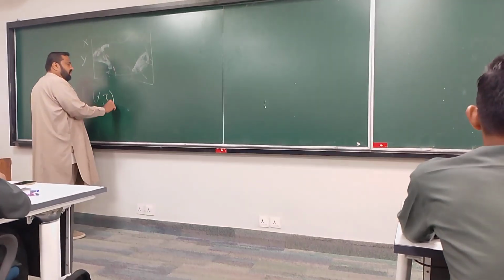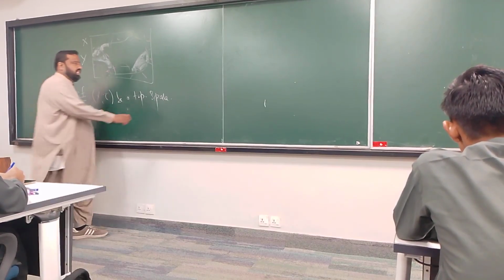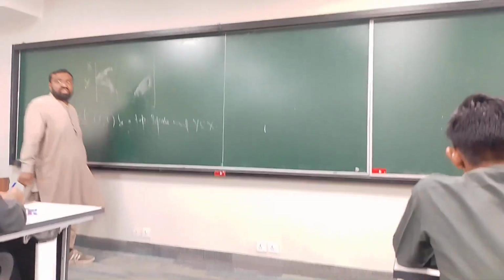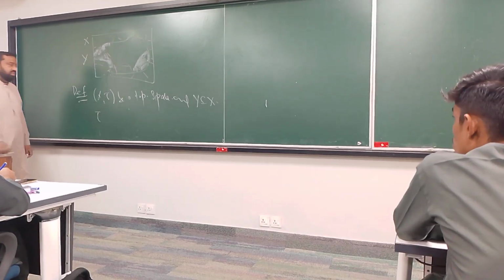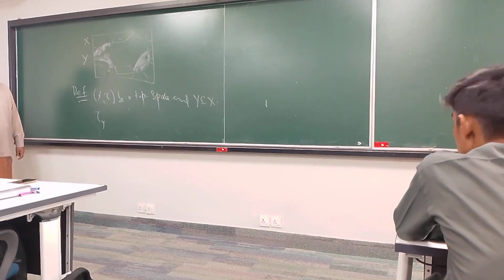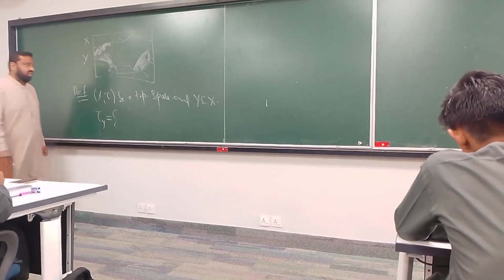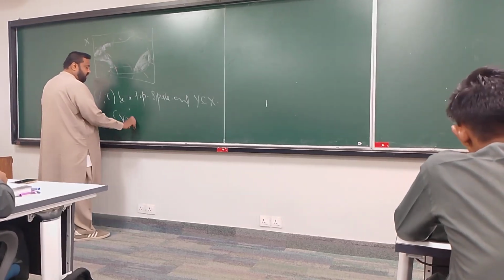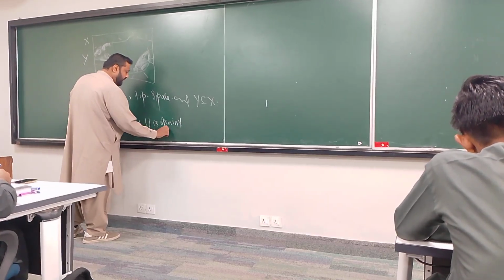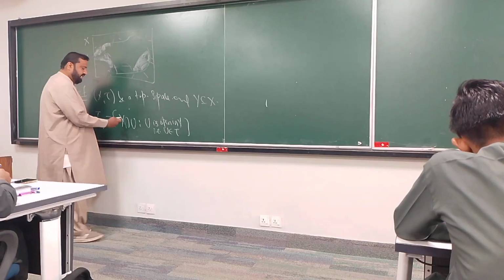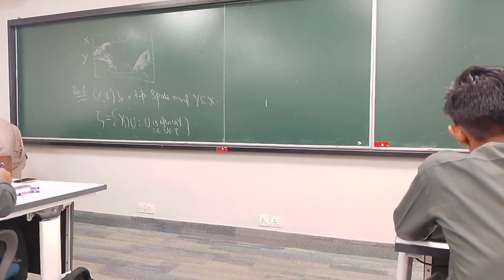So let's say you have a topological space, and let's say I take some subset Y of X. Then I am creating a new topology, let's say I'm denoting it by tau Y. Make sure you understand that this is a topology on Y, but it is a collection of intersections of Y with the open sets in X. That is, you take U's from tau and intersect them with Y, and collect these intersections, and this collection is also a topology.